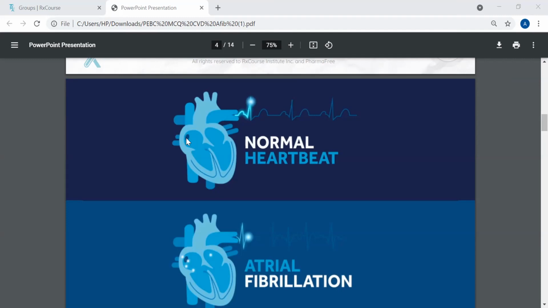This SA node generates a pulse that reaches the AV node here, the atrioventricular node, and then these signals are transferred to the AV bundles, or what is known as the Purkinje fibers. This is like electricity generated here from the SA node, transferred to the AV node, then distributed to the Purkinje fibers to send a message to the cardiac cells to contract. So this is what happens in a normal person.